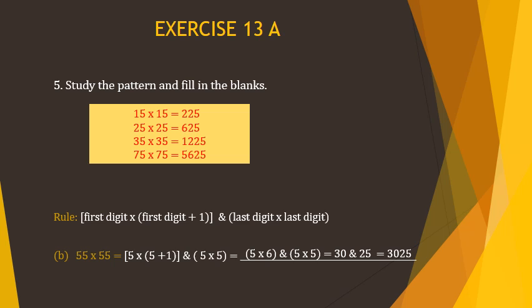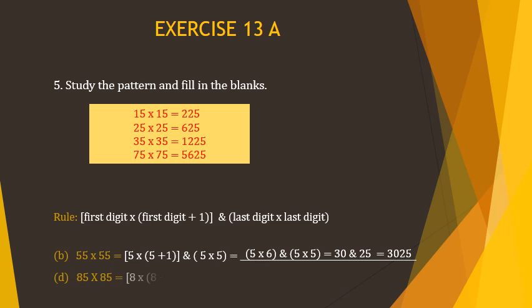So our answer will be 3025, where the first two digits are 30, which come by multiplying 5 by 6, and the last two digits are 25, which come by multiplying 5 by 5.